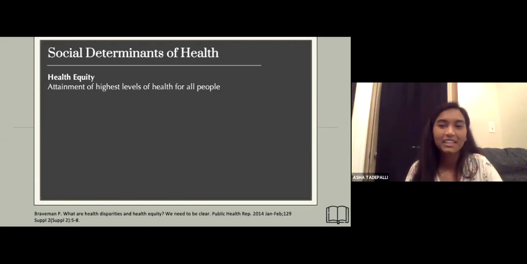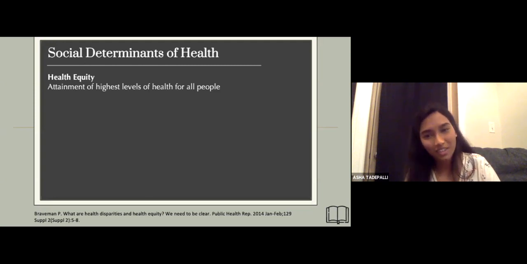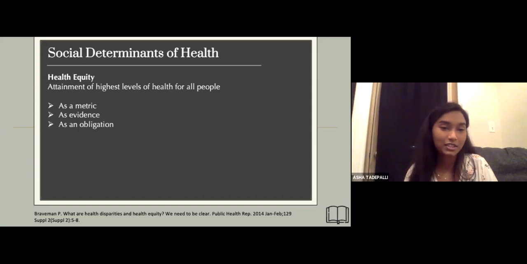Dedication to the attainment of highest levels of health for all people is directly related to health equity, and we can use disparities as a metric, evidence, and obligation. A metric allows us to truly understand the differences between health outcomes between our patients, evidence of improving outcomes or conditions and care for our patients, and finally as an obligation as we ensure the highest quality of care for every patient we come across.